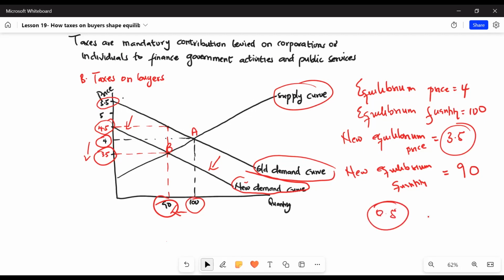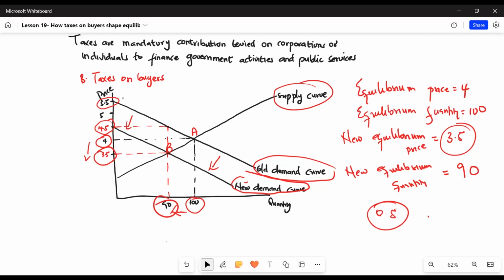Now, to explain this in very simple terms, it's like when you go into the market, you pay 3.5 for an apple, but the government requires you to pay an extra £1 for each apple bought. So the 3.5 that producers receive is not the only payment that consumers make. They have to make an extra £1 tax payment to the government, this is going to increase the price that consumers pay by £1.